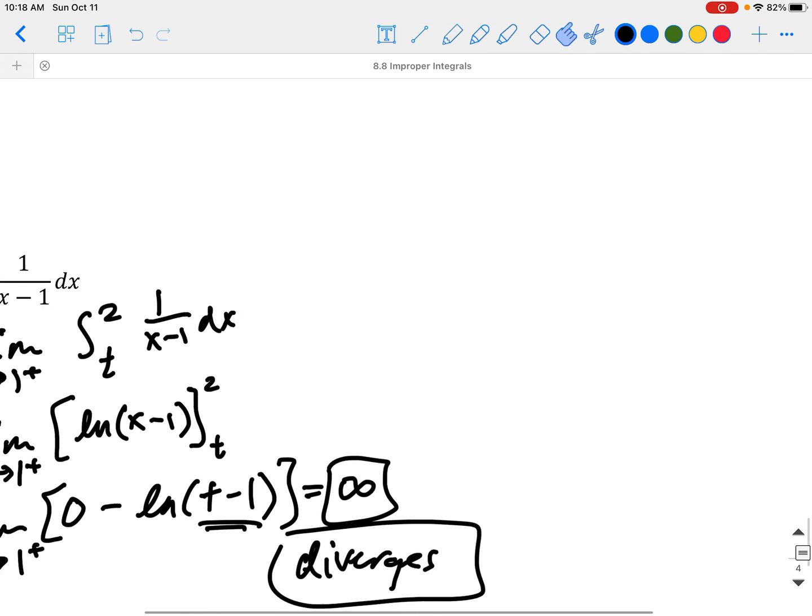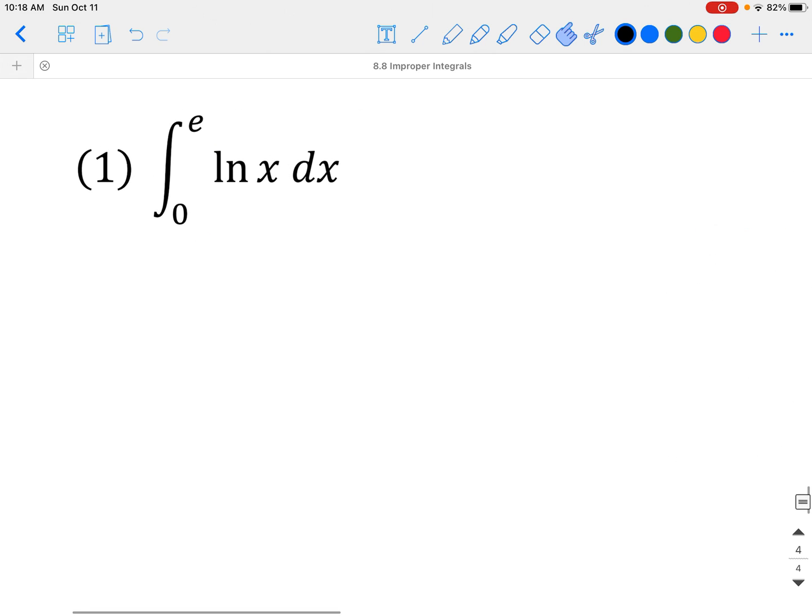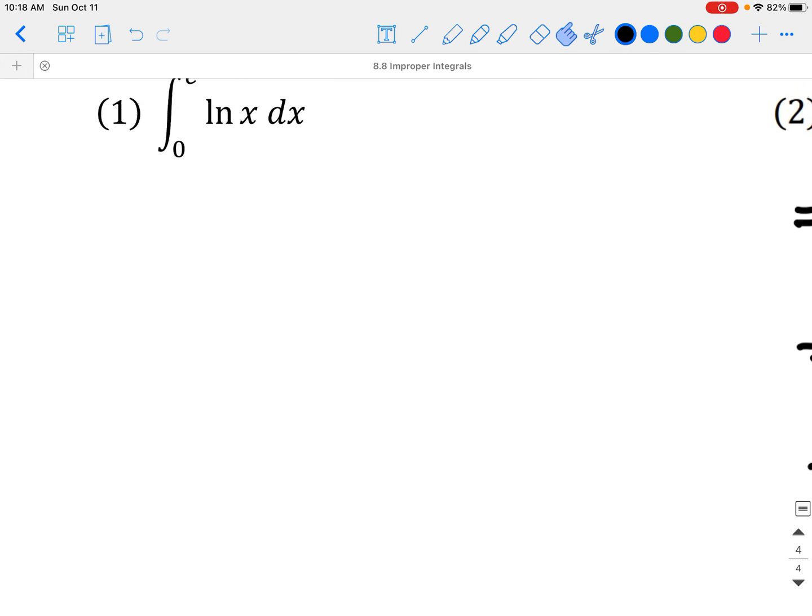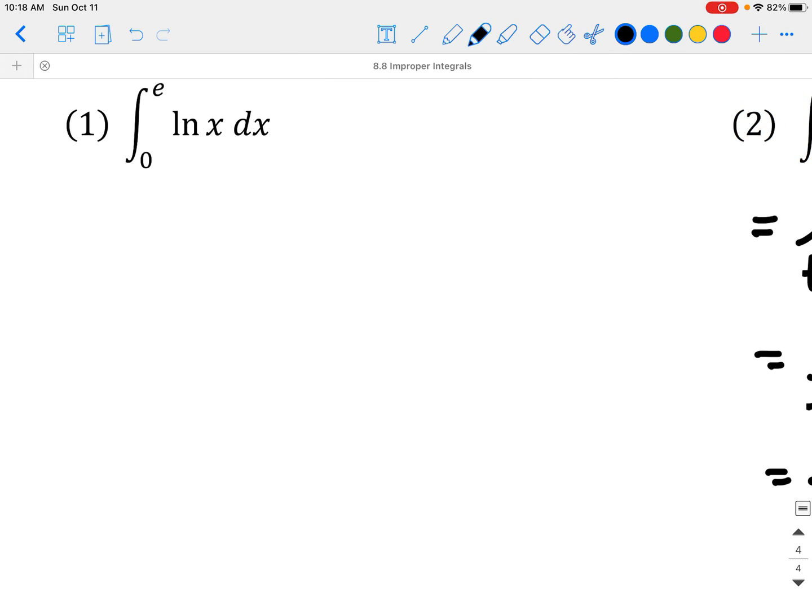Okay. And then our last example we'll look at, this first one, is the natural log of x. So note, we can do a bit of work ahead of time with the antiderivative with integration by parts. So we'll let u equal the natural log of x and dv equal dx.